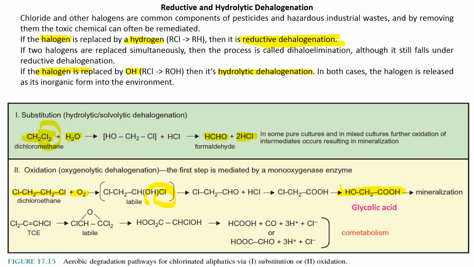This glycolic acid is a sugar acid. It is present in sugarcane, and ultimately it can be converted into glucose, or converted into pyruvate and taken into the cell for biodegradation. This conversion or removal of halogen using water or oxygen and turning it into a sugar molecule or a sugar acid is called dehalogenation. And there are two different types of dehalogenation, reductive dehalogenation and hydrolytic dehalogenation.